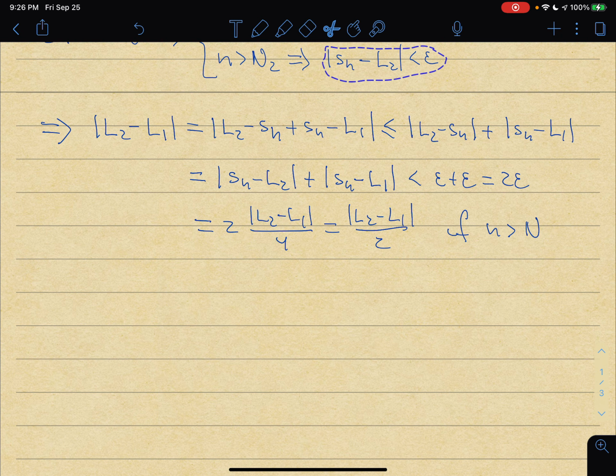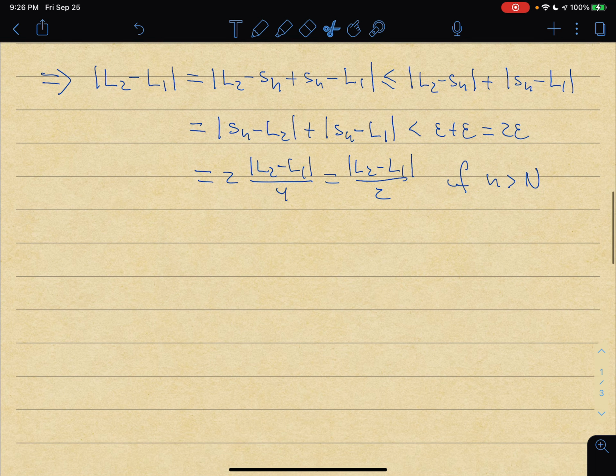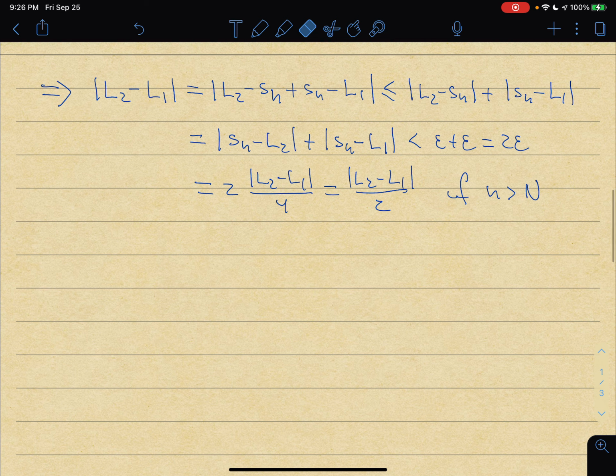But then what you see here follows from this. I can forget about the fact that I had n here, because what matters is that on the left I have a quantity which is independent of n. It's just a difference of two limits. And on the right, I have a quantity which is independent of n. It's just another number which is a difference of two limits.